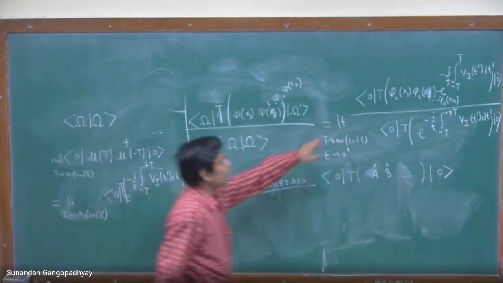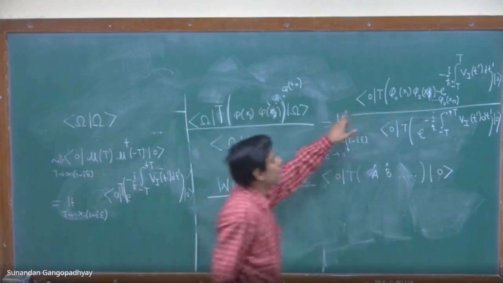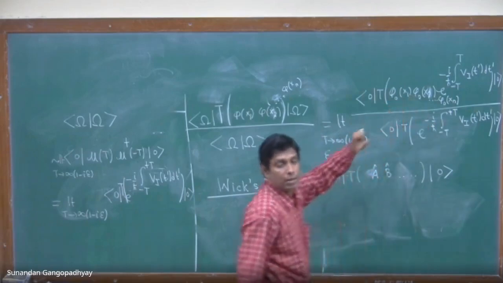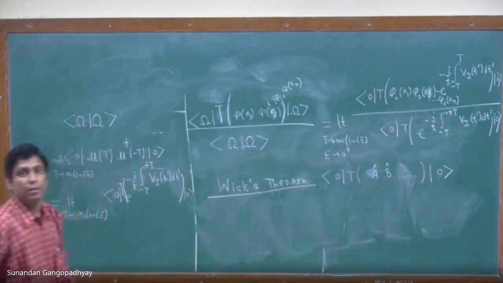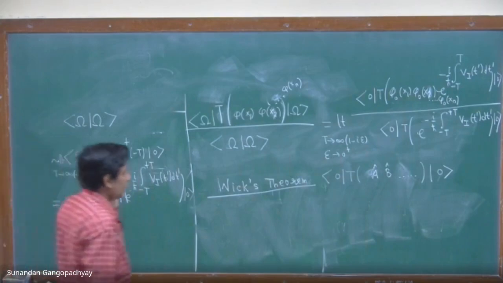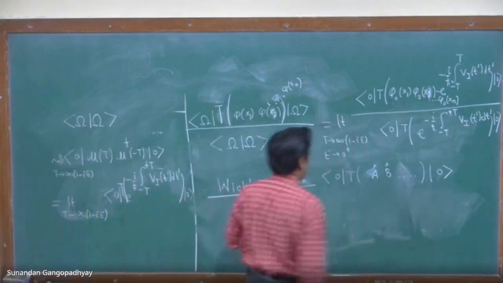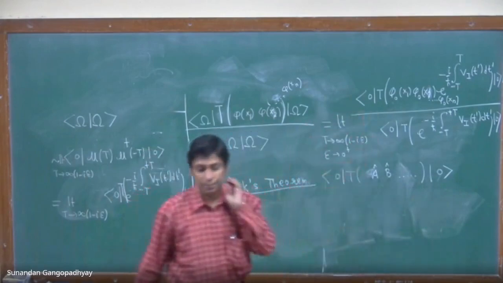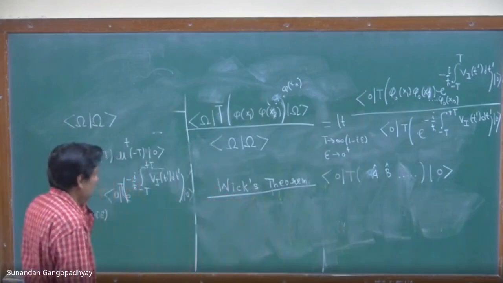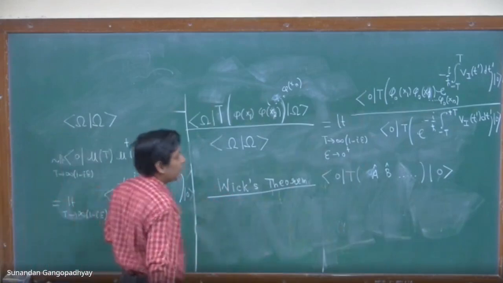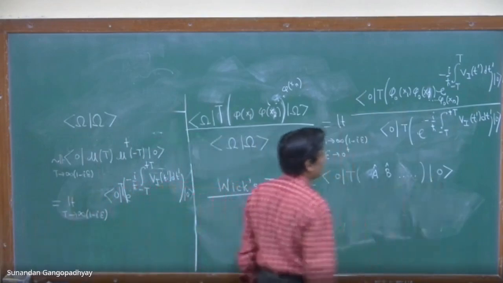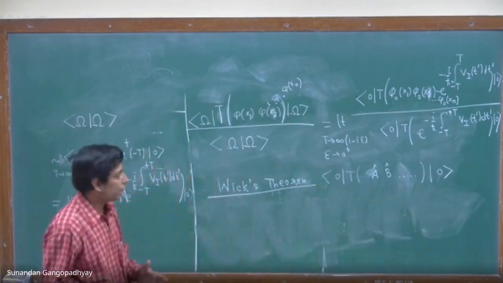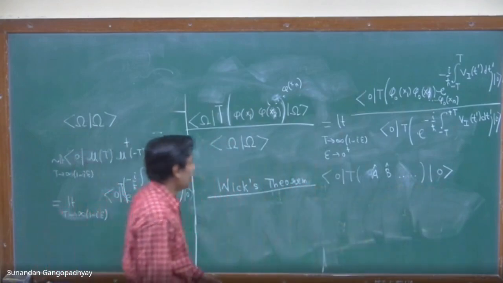And this is the vacuum expectation value of the time ordered product of interacting fields which evolve via the full Hamiltonian. So we need to calculate quantities like this, and if you can, then you know what the right hand side is. It turns out that calculating quantities like this is itself a difficult problem, because calculating the vacuum expectation value of time ordered products is difficult, and we have seen what this is.